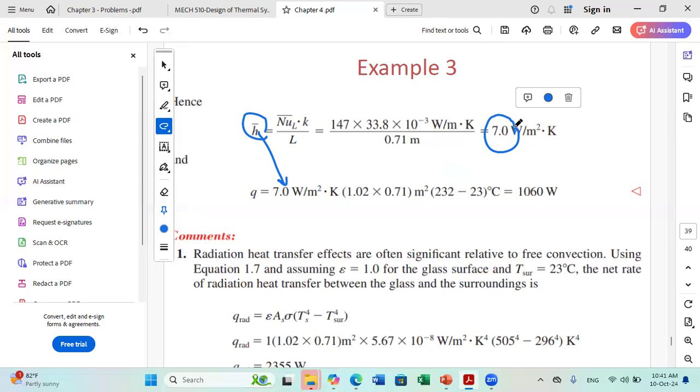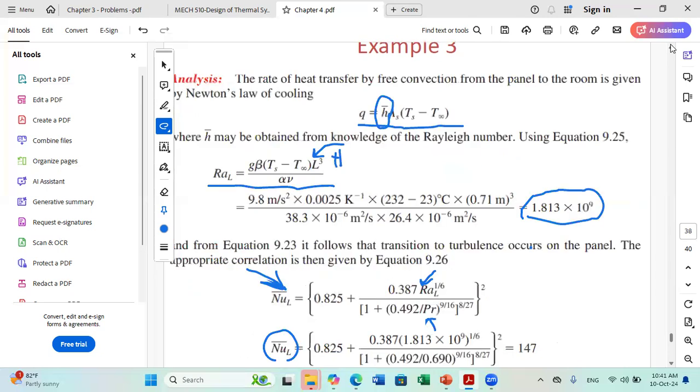Okay, so radiation heat transfer effects are often important relative to free convection. Let us verify this. If we consider that we have radiation, and if we consider that the emissivity of the surface is 1, because in general, in chimney applications, one of the main modes of heat transfer is by radiation.